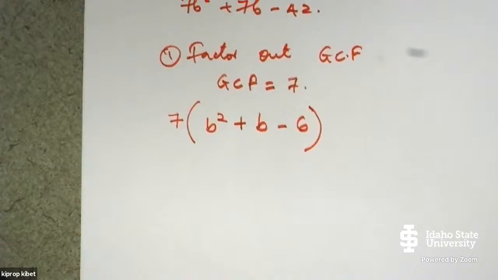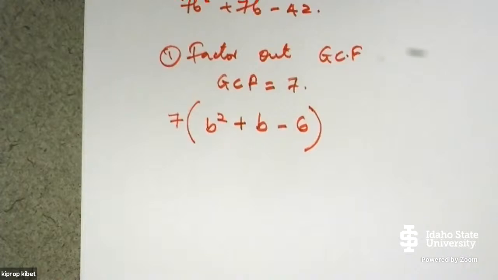It has 3 terms, so it is not a binomial. There are 1, 2, 3 terms. These are trinomials. Now, is it a perfect square? This is b squared. Is this a perfect square? No, it is not.